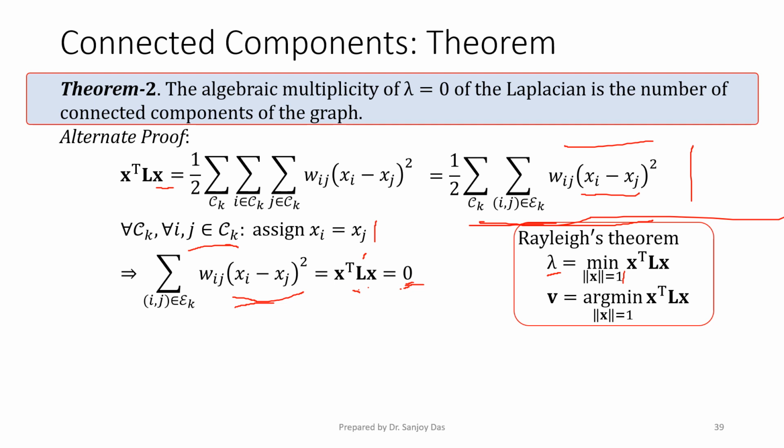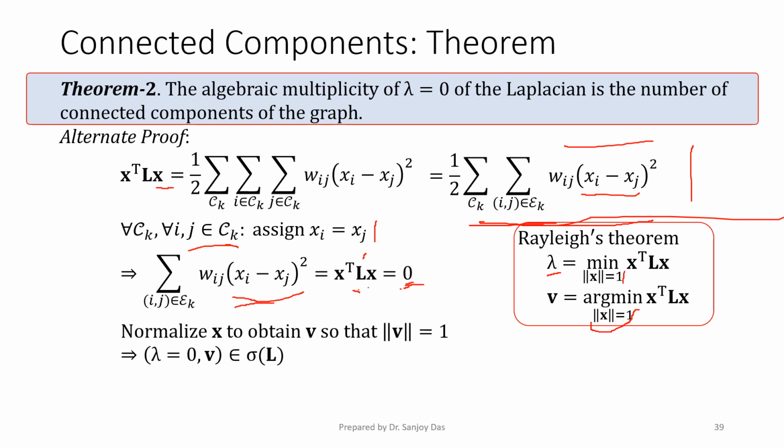All we are left to do is normalize what we have so that we get a unit eigenvector. So lambda equals 0 and v belongs to the spectrum of the Laplacian L. Hence proved.